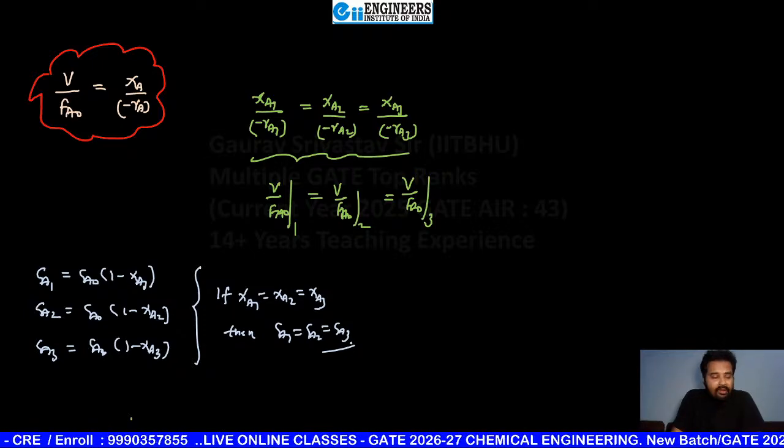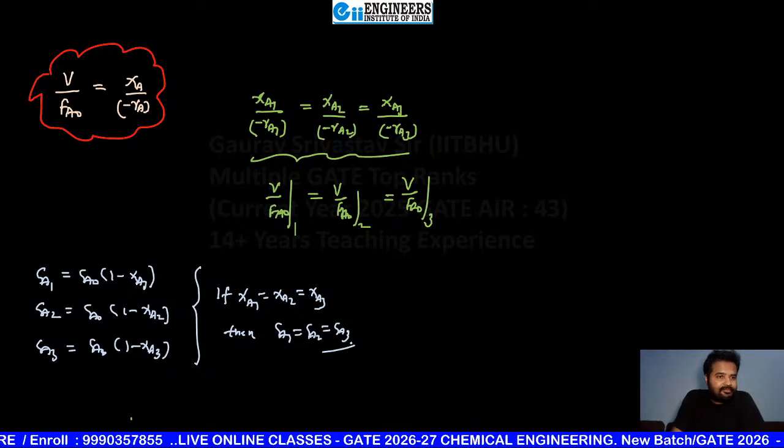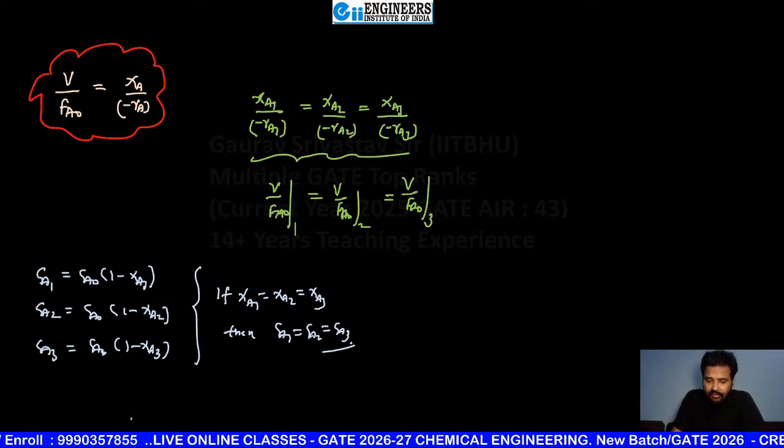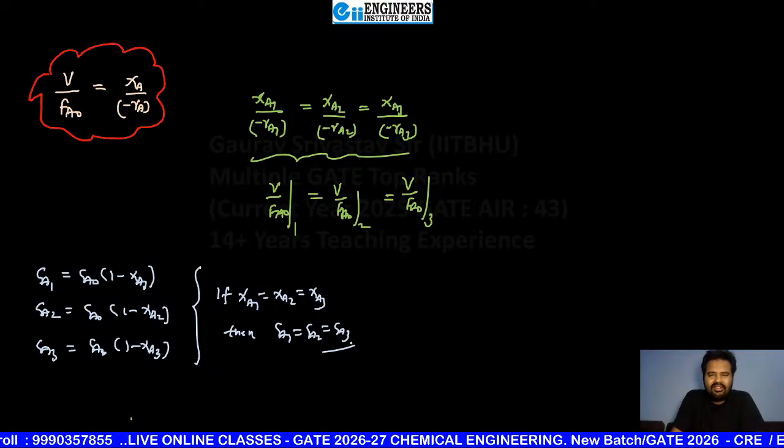Okay, so can we proceed, my dear students? Yesterday, suddenly I opened YouTube, and there was one lecture from some other institute for CRE. In that lecture they were dealing with a variable volume system, and the equation written by them was totally incorrect.